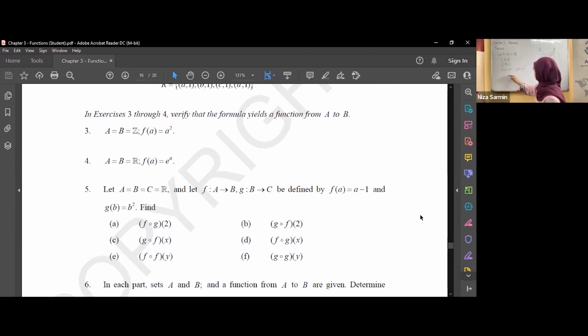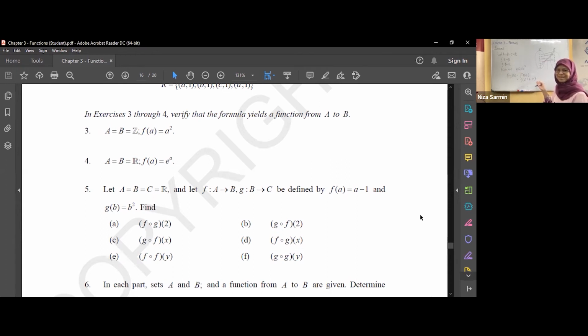So f of g of 2: you have to plug in 2 instead of b, because it's not for b, it's for the exact number 2. When you plug in 2, you get 4. And f of 4, 4 minus 1 is 3. I'm sure you remember this from high school.